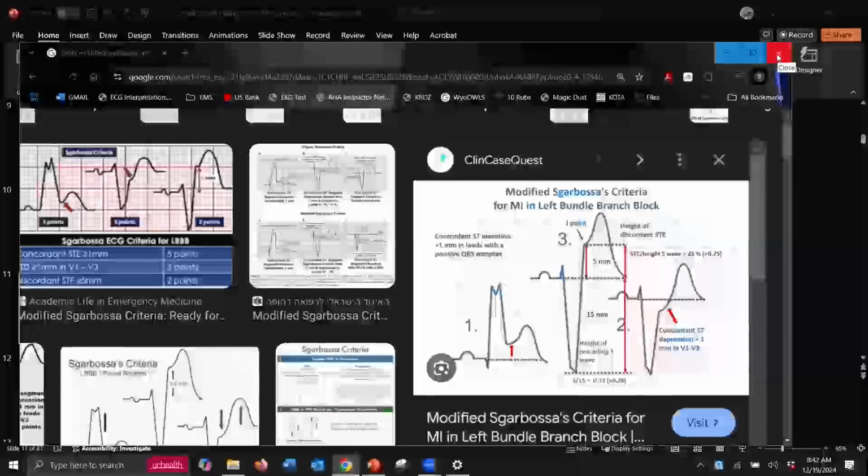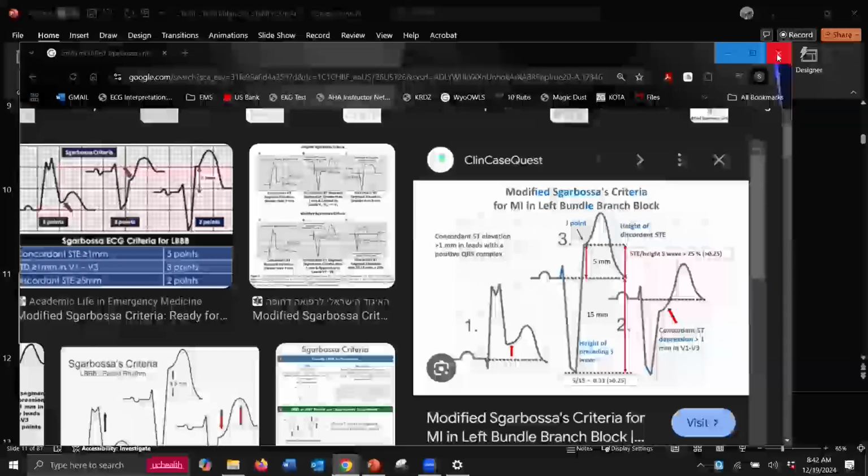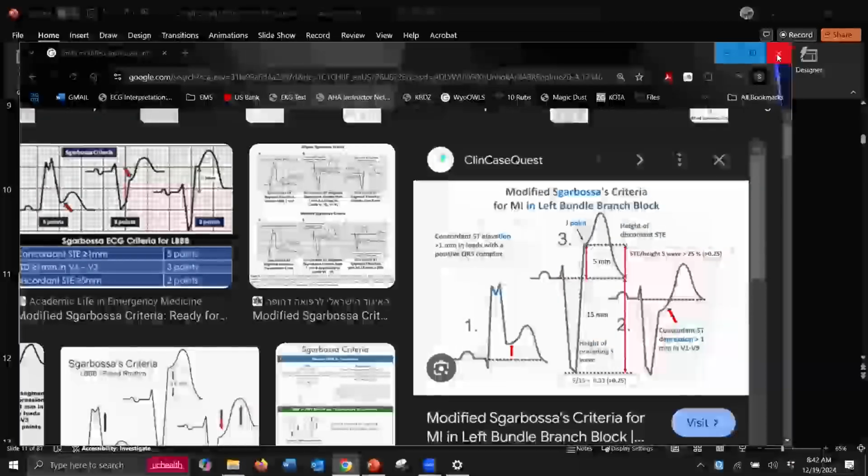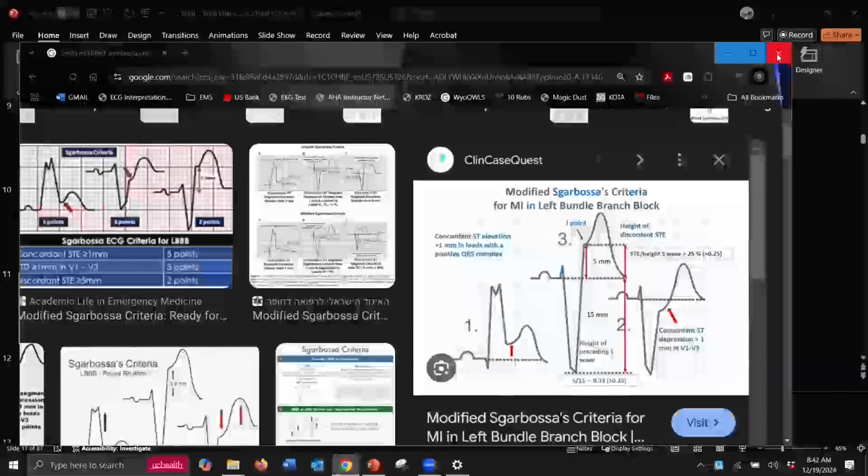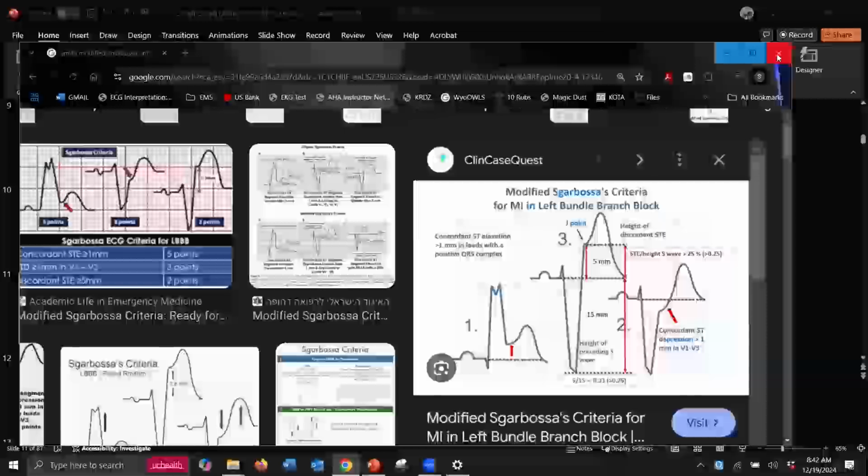Questions about the Scarboza criteria? So number one, we're looking for concordant ST elevation of greater than 1 millimeter. What is concordant? It's in the same direction as the terminal vector of the QRS. We're looking for discordant ST depression, more specifically in V1 through V3, the right and mid precordial leads.